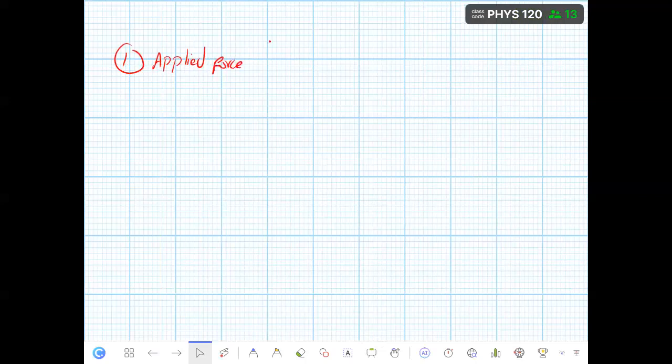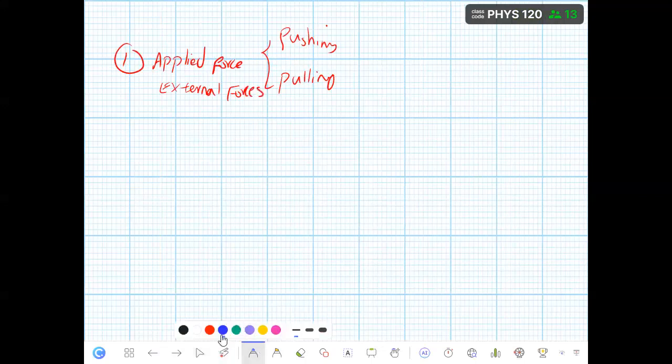What is the applied force? Pushing or pulling. Sometimes we call them external forces. Okay? What does pushing or pulling mean? Everyone knows what it means.